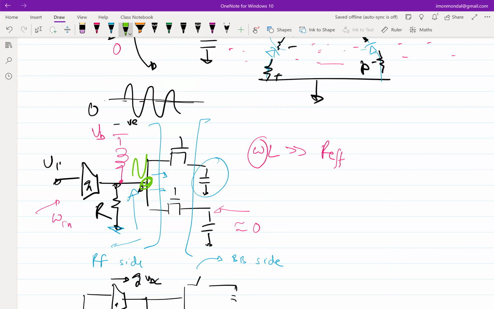But it's not necessary that the LNA that you are designing should have the output at VDD by 2, right? In fact, probably you would want the output quiescent point to be quite high, right? Because if it's low, then the cascode transistor of the LNA that you are designing might go out of saturation. On the upper side, you do not have a problem if you have an inductor on top, right? Does that make sense, the statement that I made?